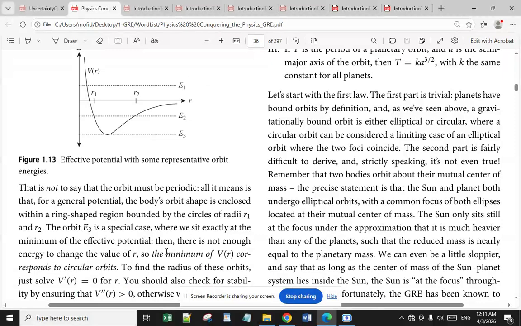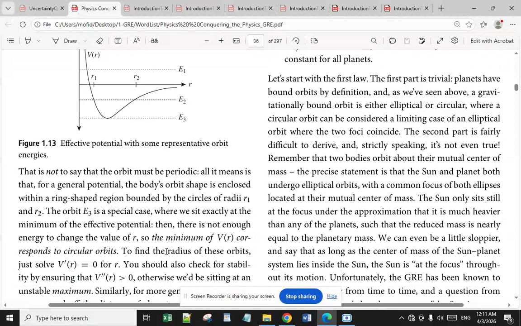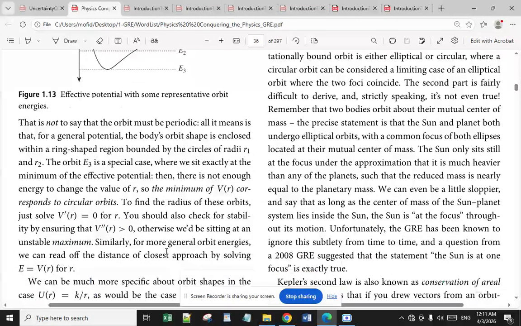The Sun only sits still at the focus under the approximation that it is much heavier than any of the planets, such that the reduced mass is nearly equal to the planetary mass. We can even be a little sloppier and say that as long as the center of mass of the Sun-planet system lies inside the Sun, the Sun is at the focus throughout its motion.